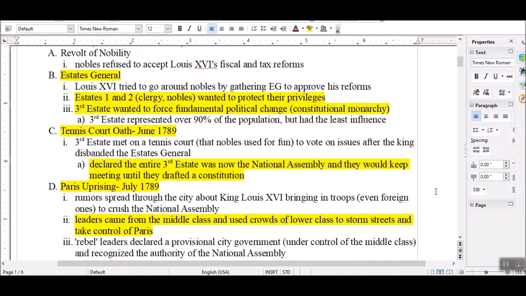The king and queen, Marie Antoinette and King Louis XVI, are honestly, it's hard to put into words how out of touch they were and how much money they spent. We're talking over $100 million per month.